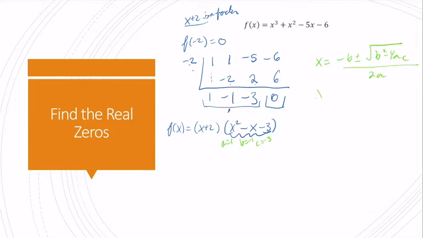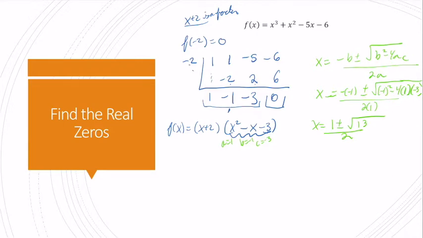So x equals negative negative 1 plus or minus the square root of negative 1 squared minus 4 times 1 times negative 3, all over 2 times 1. So x equals 1 plus or minus the square root of 1 plus 12, which is 13, over 2.